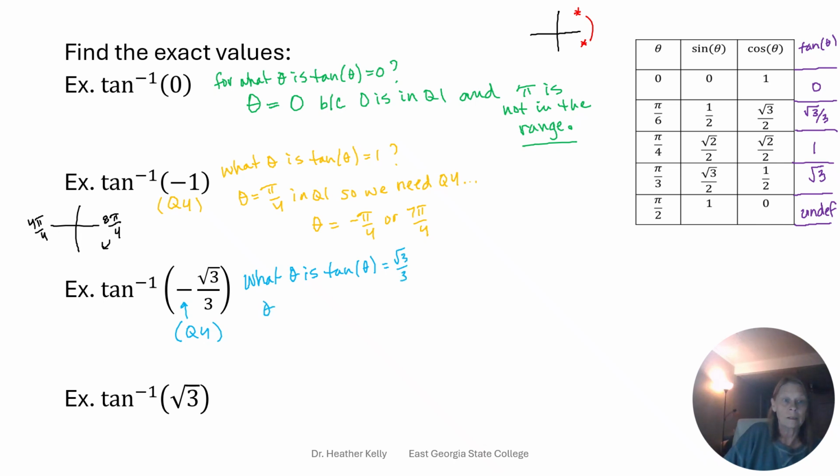That is when theta is equal to pi over 6, but that's in quadrant 1. We need quadrant 4. So if this is pi over 6, then this is 12 pi over 6. This is 6 pi over 6. So that means theta is equal to negative pi over 6 or 11 pi over 6.